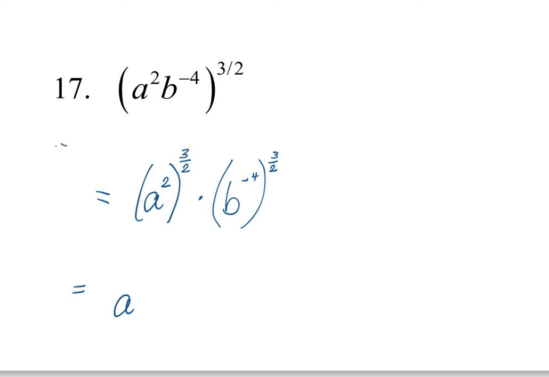So now I can say that's just 2 times 3 over 2, and for b, I can say that's -4 times 3 over 2.